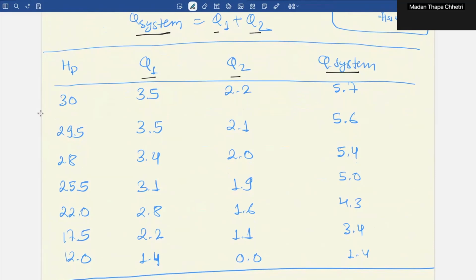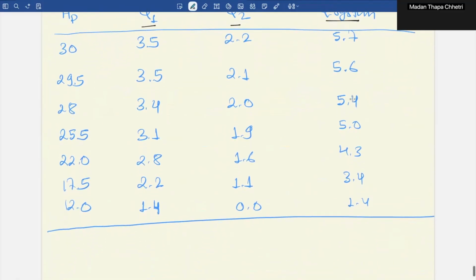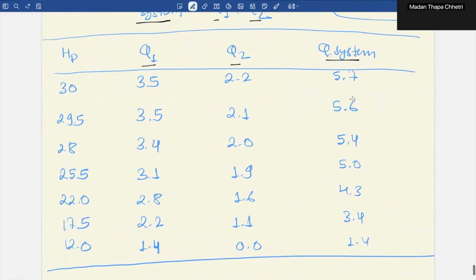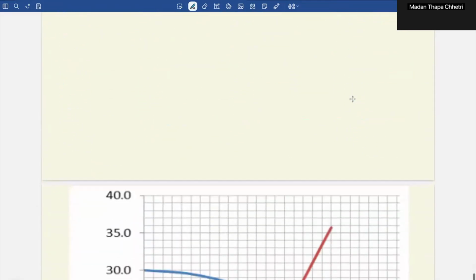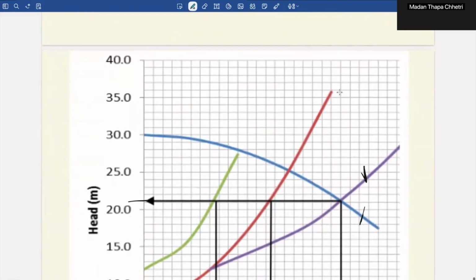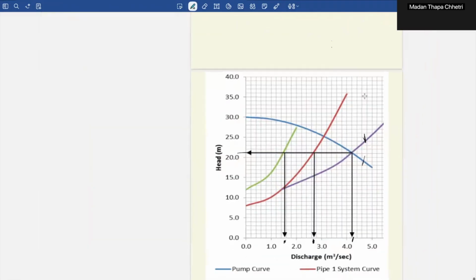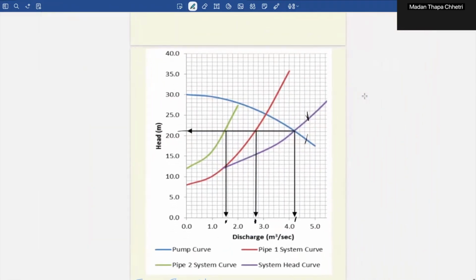So after computation for HP 30, we will have Q1 of 3.5 and Q2 of 2.2, and the total Q system is equal to 5.7.